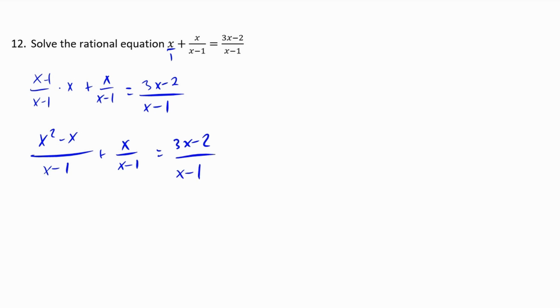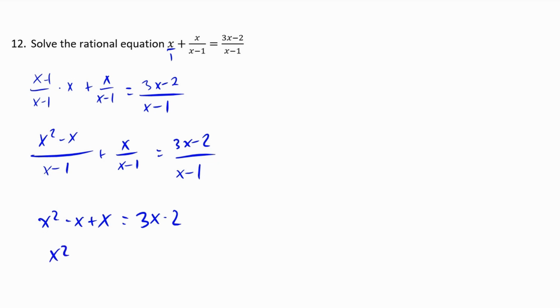Now all I need to do is get rid of all the denominators. If I'm multiplying everything by x minus 1, all the denominators divide out. So I'm left with what's in the numerator. x squared minus x plus x equals 3x minus 2. These x's subtract out, they cancel out.